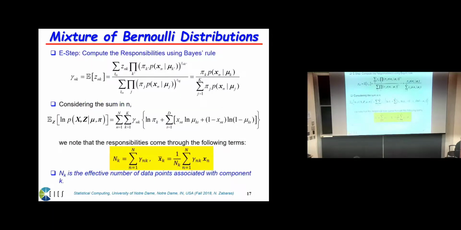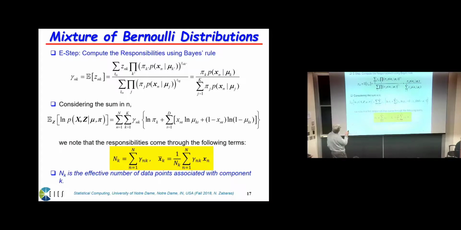If you do the algebra, and I'm not going to repeat it, the first thing is you fix the parameters and compute the responsibilities. The formula looks identical to the generic formula as before: the responsibility is the prior times the likelihood for the k-th component, divided by the normalization factor.